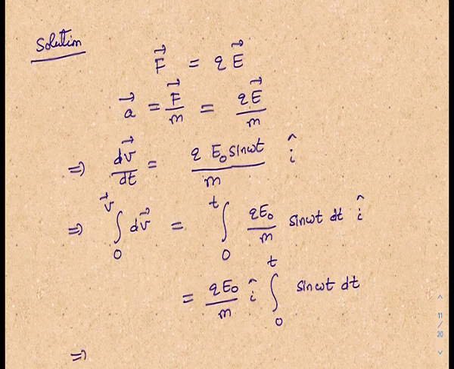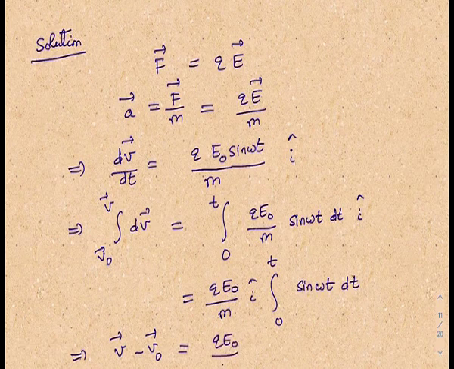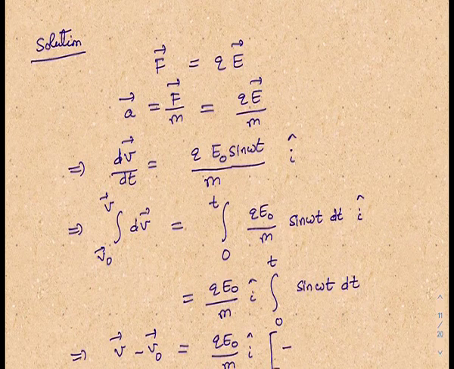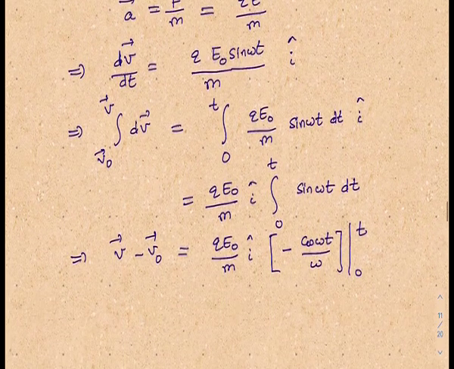If I integrate this, it simply gives v minus v0. For your understanding let me write it like this: v minus v0 equals Q E0 by m I cap times the integral, which would be minus cos omega t by omega, with limits from 0 to t.